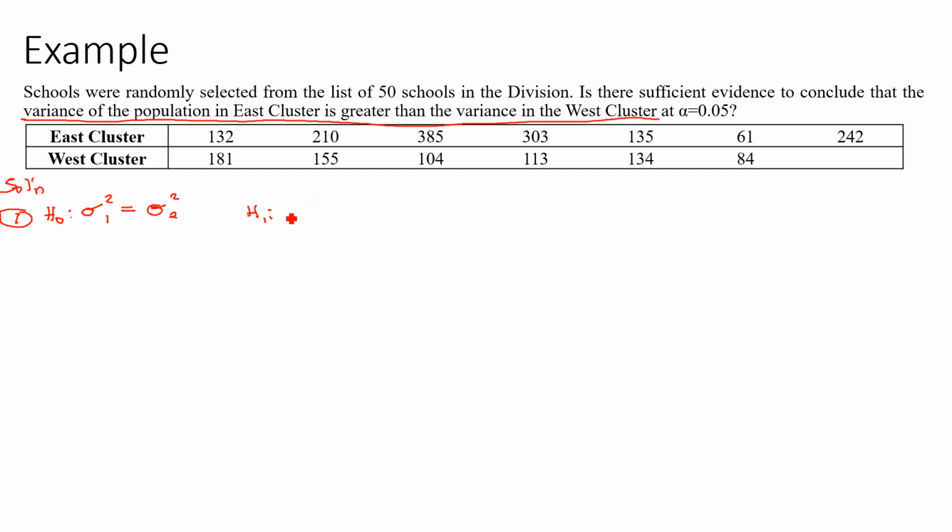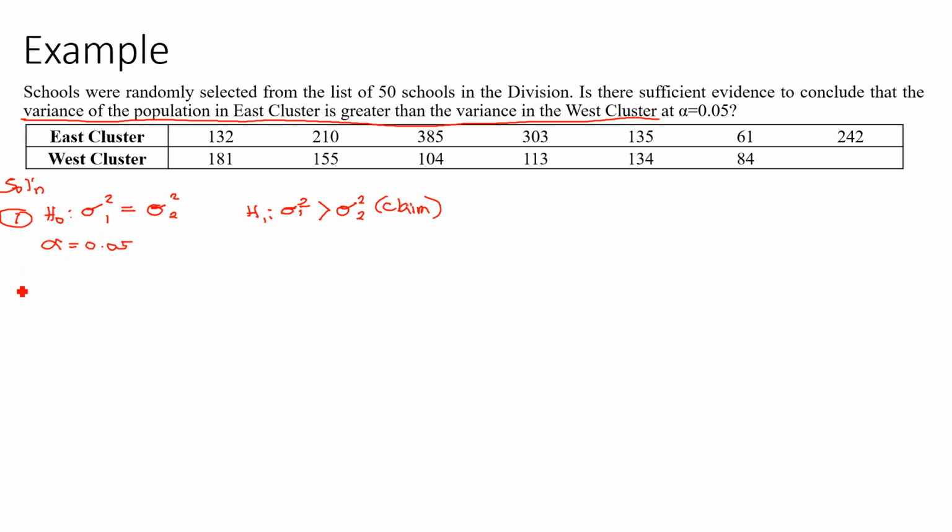So that would be our alternative hypothesis, and this would be the claim. Take note, this is the claim in our problem, and also that the level of significance alpha is 0.05.